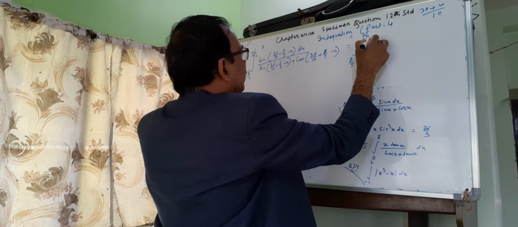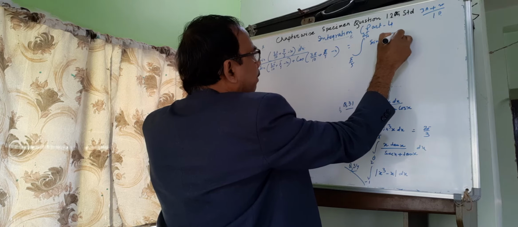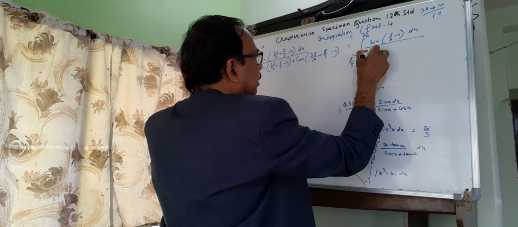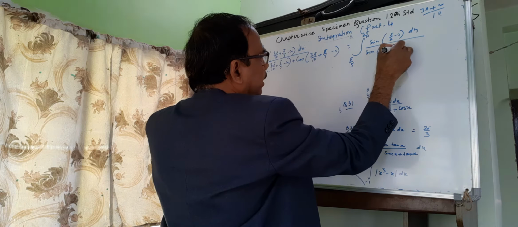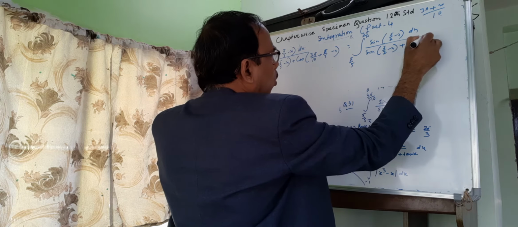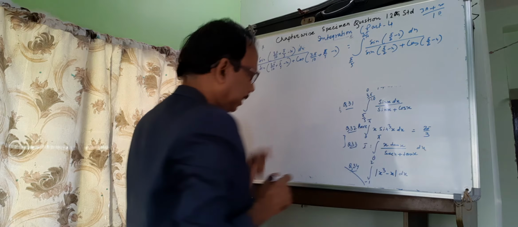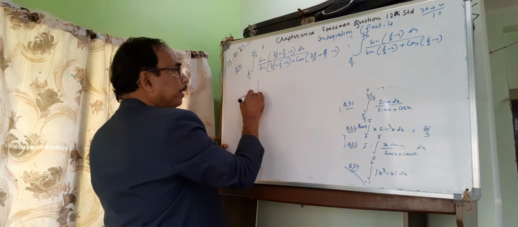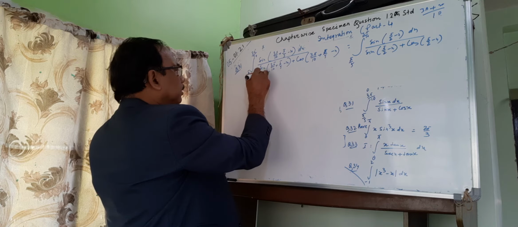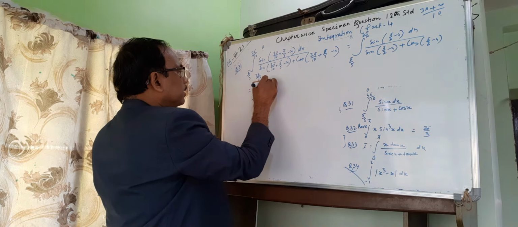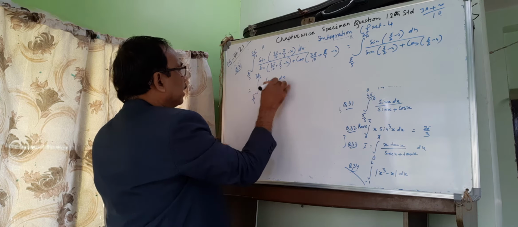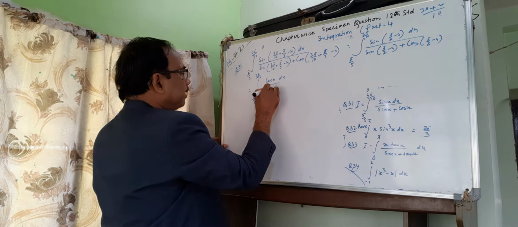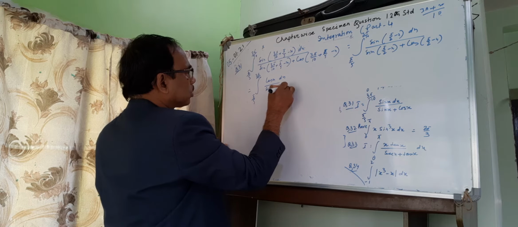So we can write sine pi by 2 minus x dx by sine pi by 2 minus x plus cos pi by 2 minus x equals integration pi by 5 to 3 pi by 10, this is cos x dx. This is I equals cos x dx by sin x plus cos x.